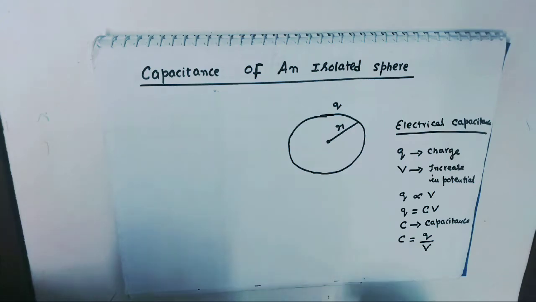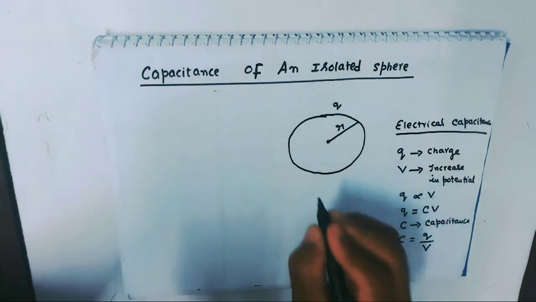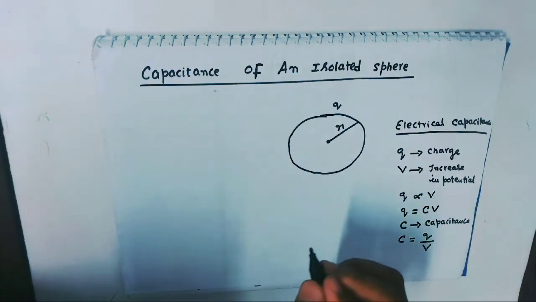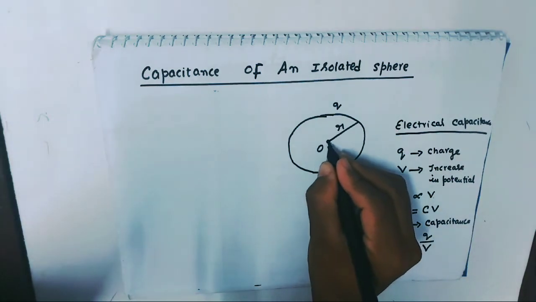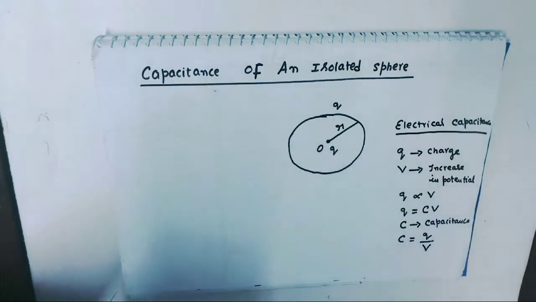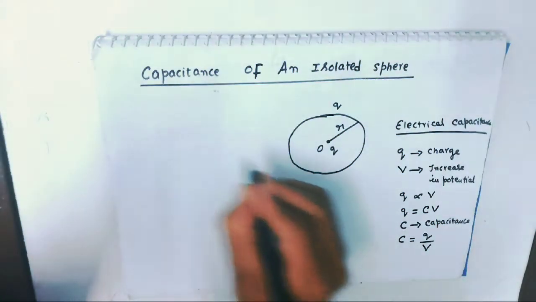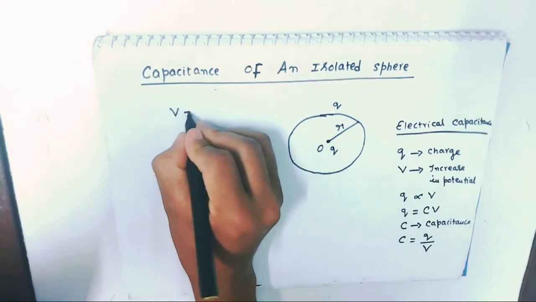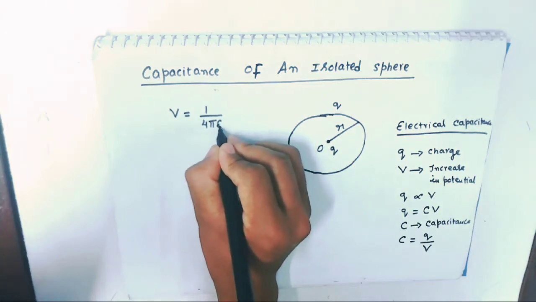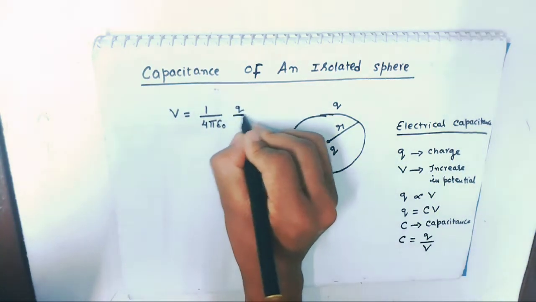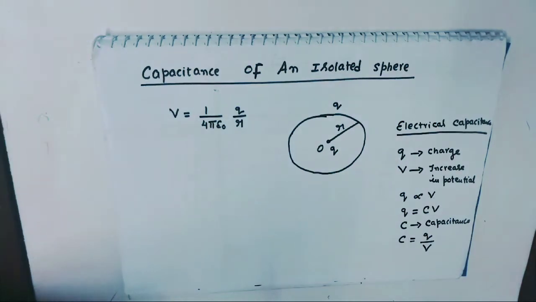The charge on a spherical conductor may be assumed to be present at its center O. This is the center and this is Q. The potential at any point on the surface of the conductor is given by V equal 1 by 4 pi epsilon naught Q divided by R.